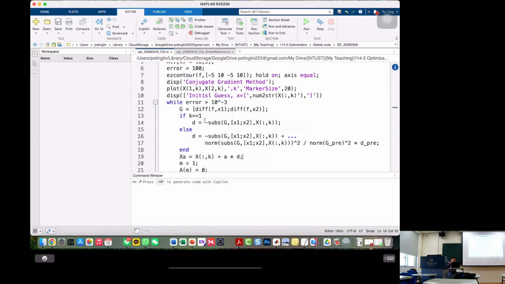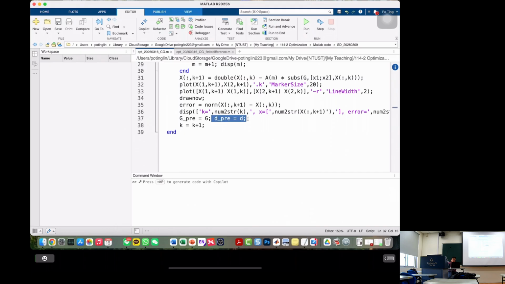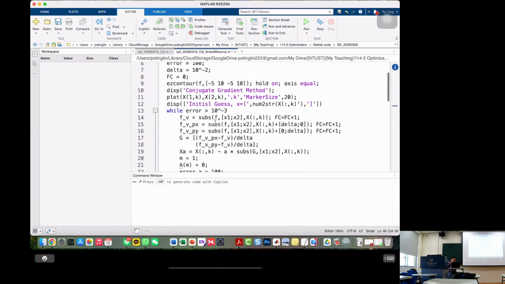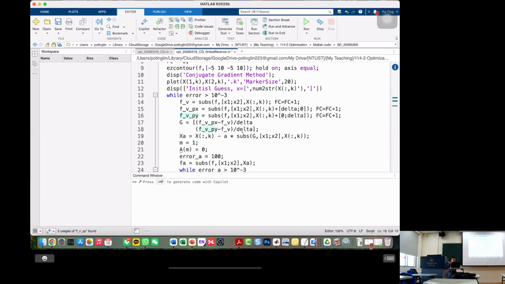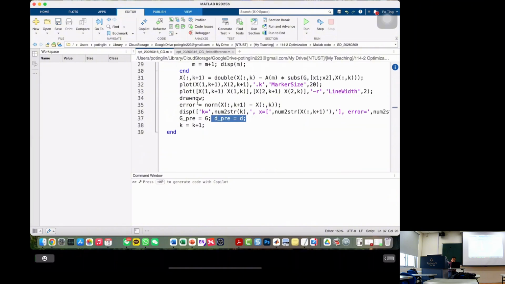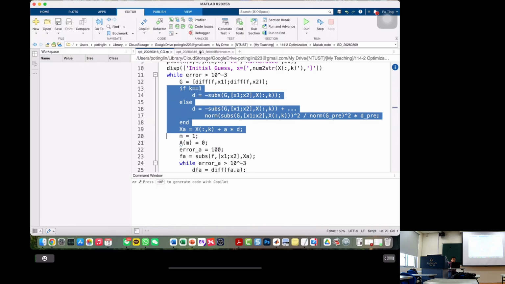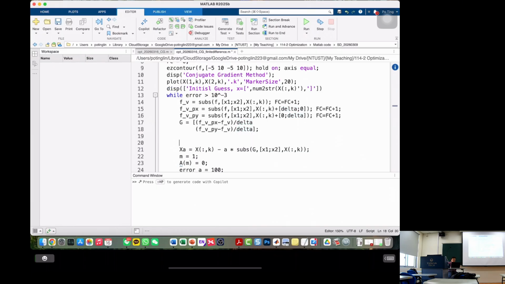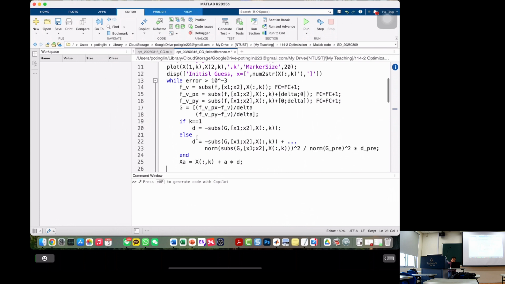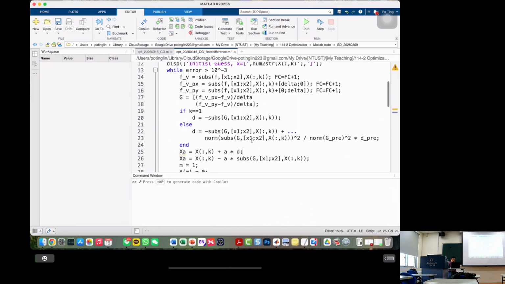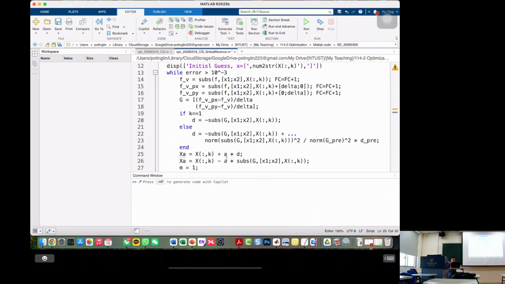I will need the d pre here, and right here I need the g. So I will copy everything here, and substitute in this particular place.